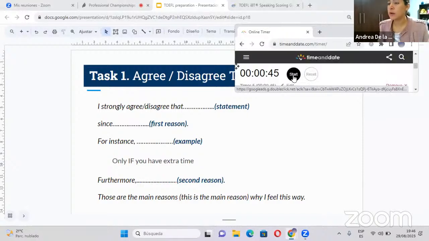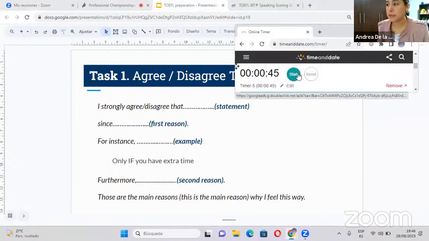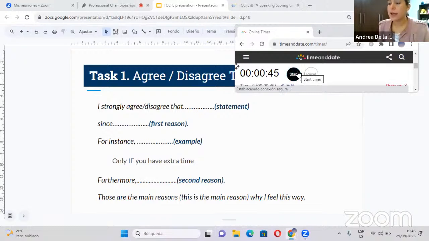So the first one with a past experience would be something like this. I strongly agree that online courses are more effective than the traditional ones, since students get to save a lot of time by having online classes. For instance, during the COVID-19 pandemic 3 years ago, my university forced students to have online courses.